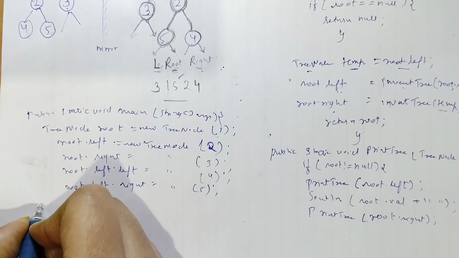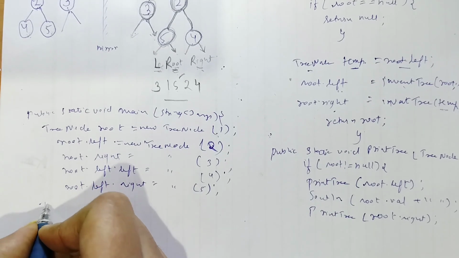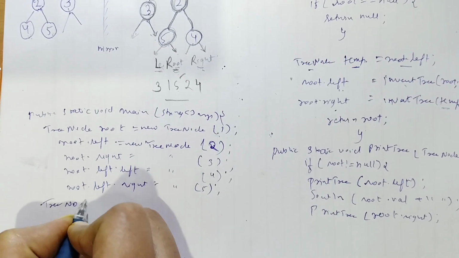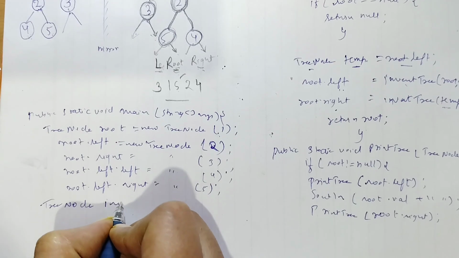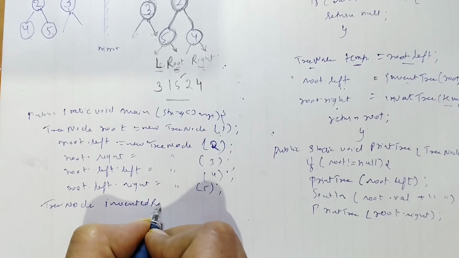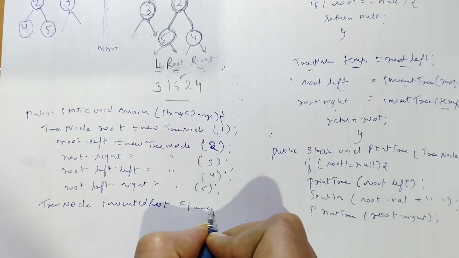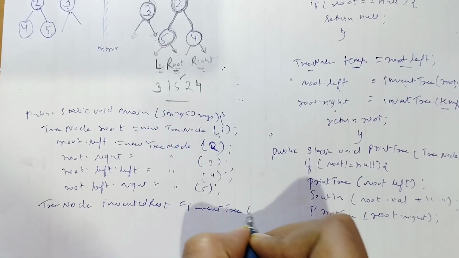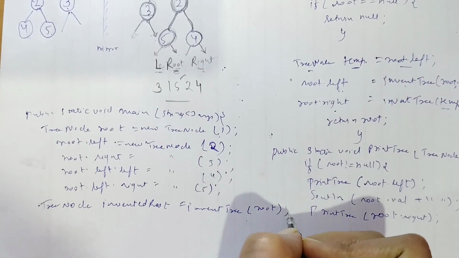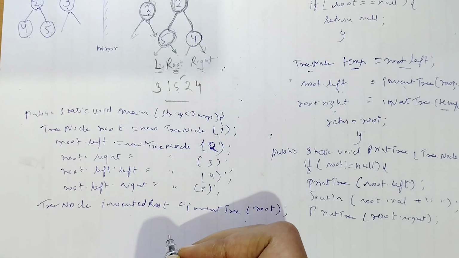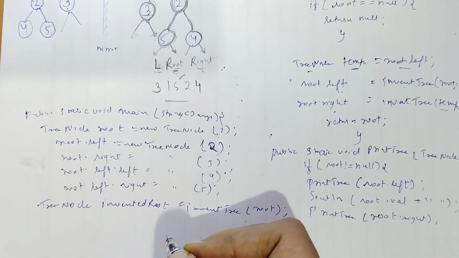So now we will call the traversal on our binary tree. For that we are writing TreeNode, inverted root. I'm writing this, you can directly call it also. So invert tree root. Okay, and now we have to print.